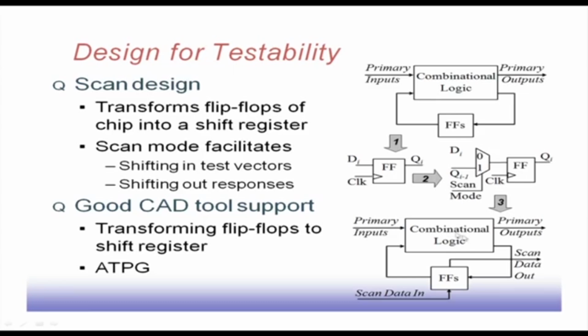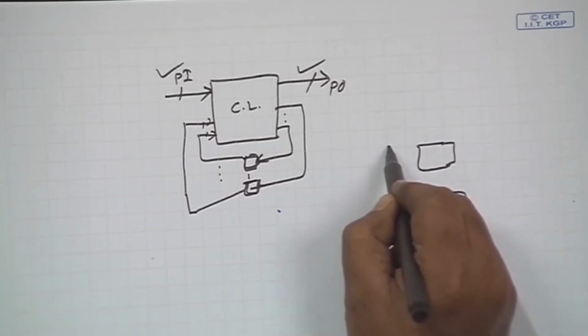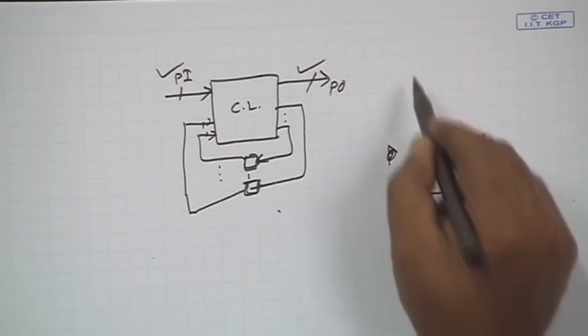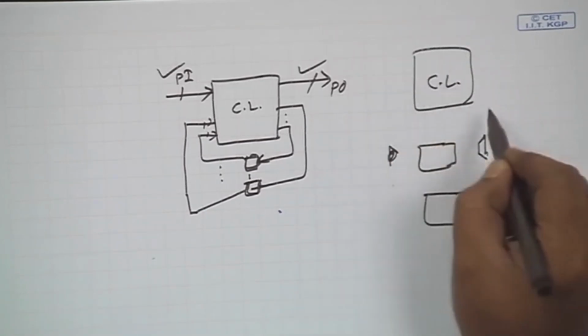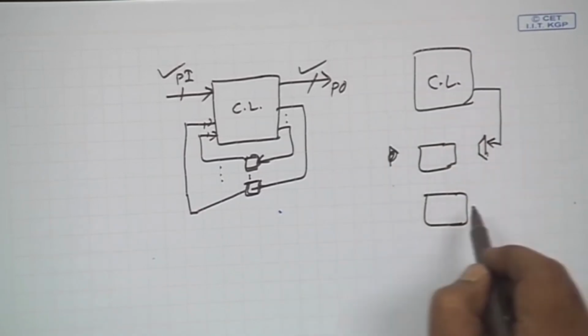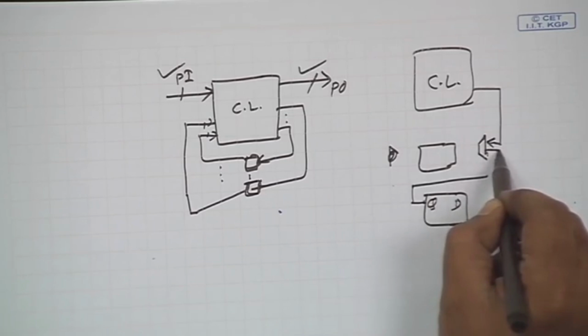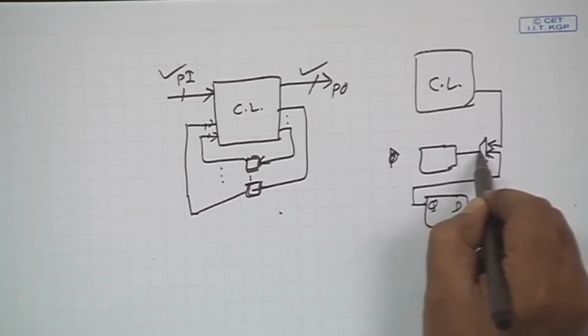So, in a design, these flip flops form a chain. Say, for example, we have two flip flops in a design. We put some multiplexer here, and here I have the combinational logic. So, this data input comes here, whereas from this multiplexer, from this D flip flop, the Q output is put here.